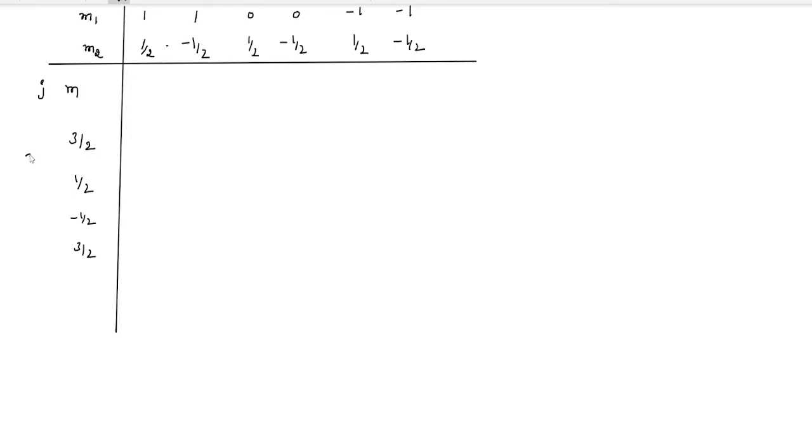If j is equal to 3 by 2, then I got these things. Remember, if j is equal to 1 divided by 2, I got the minimum values. One is 1 divided by 2, another one is minus 1 divided by 2.